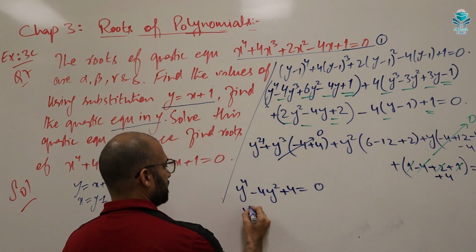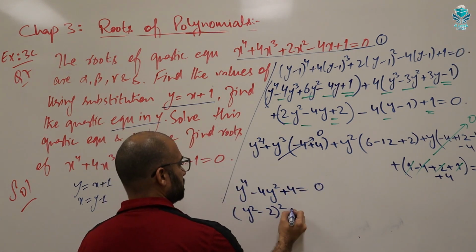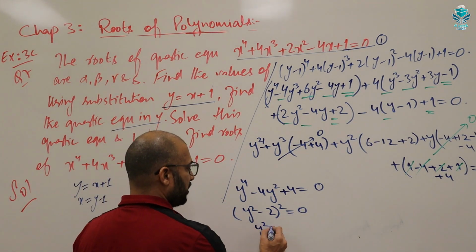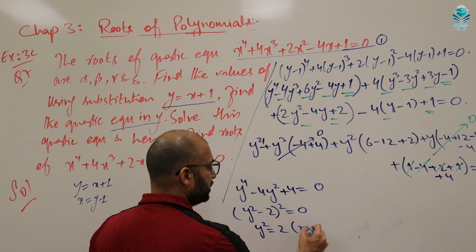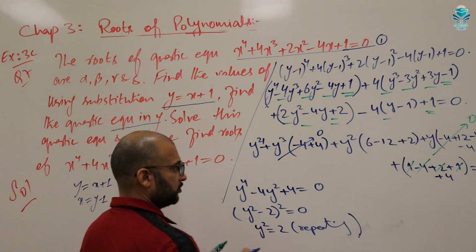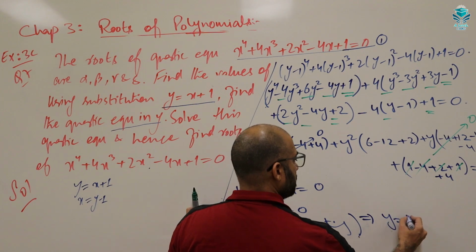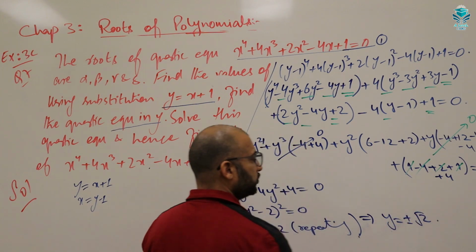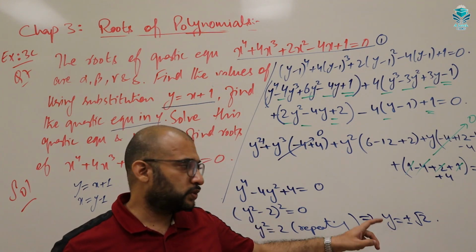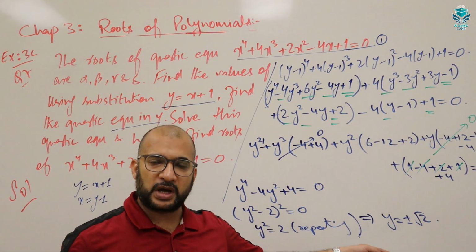So you can write it as (y squared minus 2) squared equal to 0, because it is a completing square. y squared is equal to 2, a repeating root. So you can write y equal to plus or minus square root 2, means 2 roots are square root 2 and 2 roots are minus square root 2.